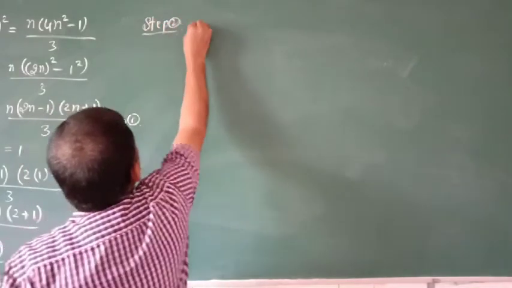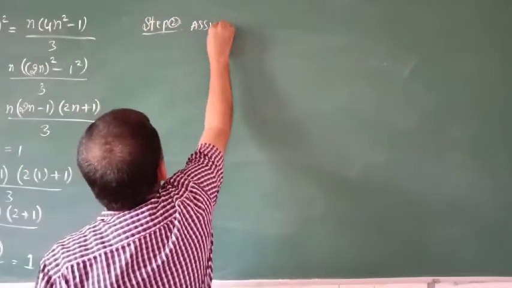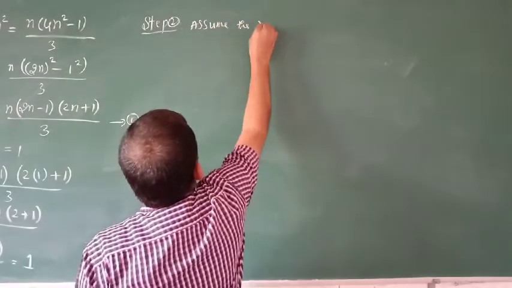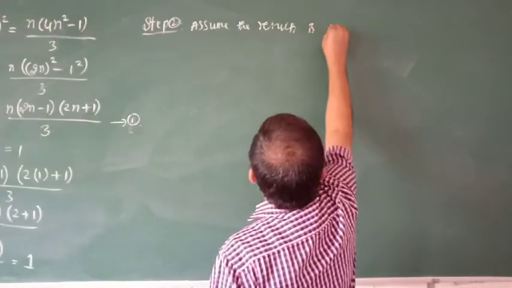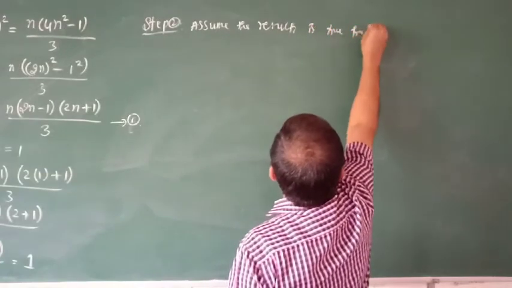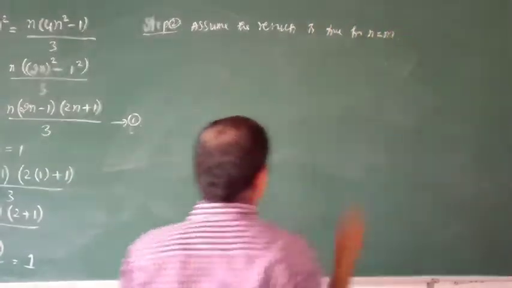Step 2 is assume the result is true for n is equal to m.